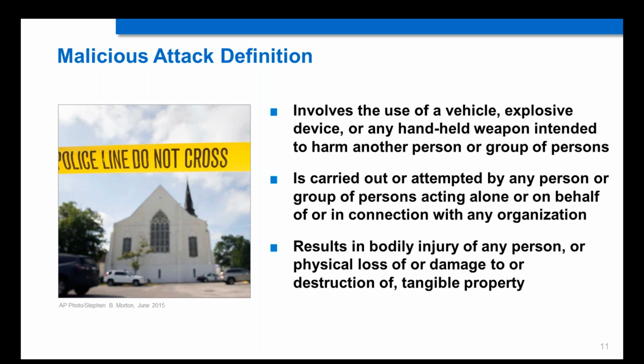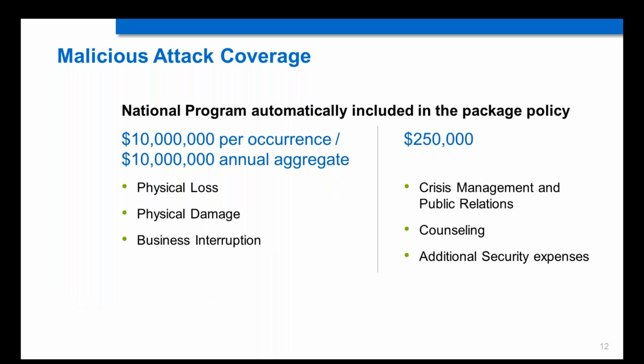So active shooter, car bomb, any bad thing you could think of would generally fall under this malicious attack type of definition. I think people are pretty clear on what we're trying to address here. And with that, we'll move to the next slide and talk about some of the coverage aspects.